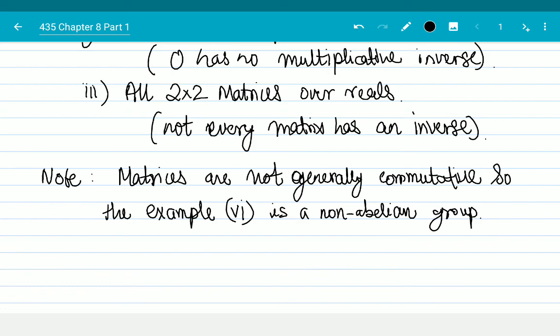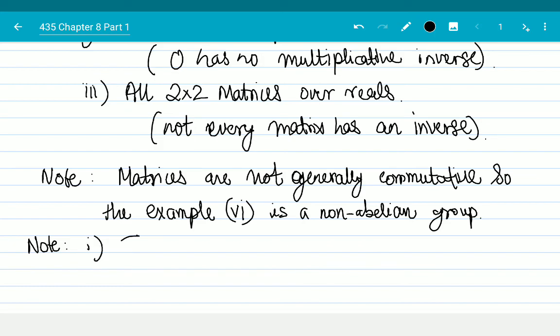Now, certain notes. The group operation is generally written as additive or multiplicative rather than composition.